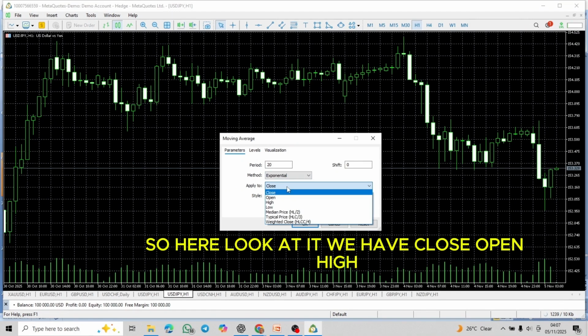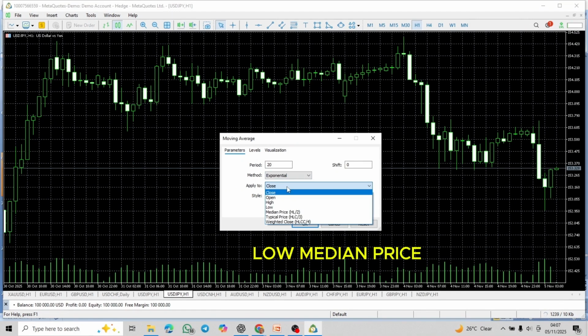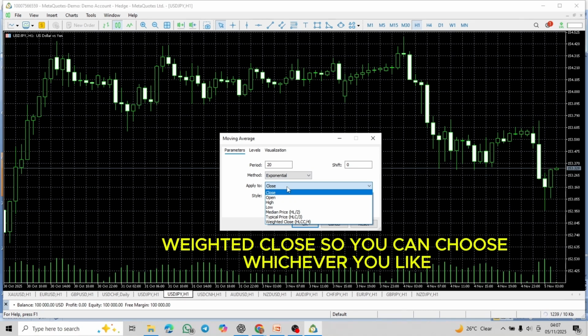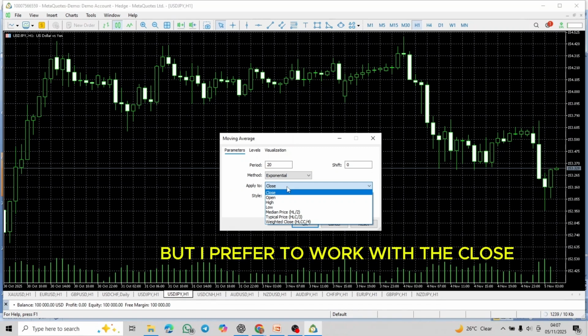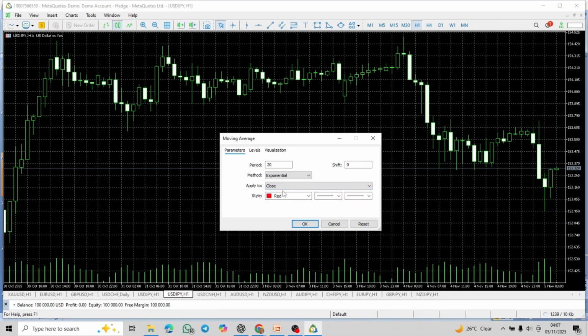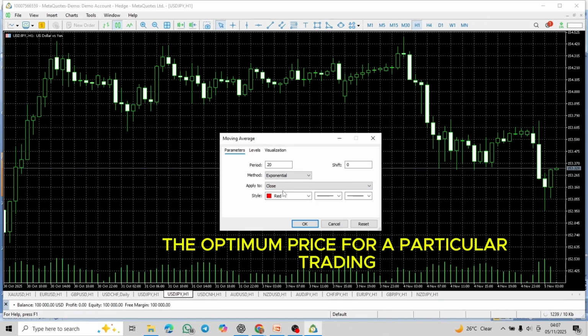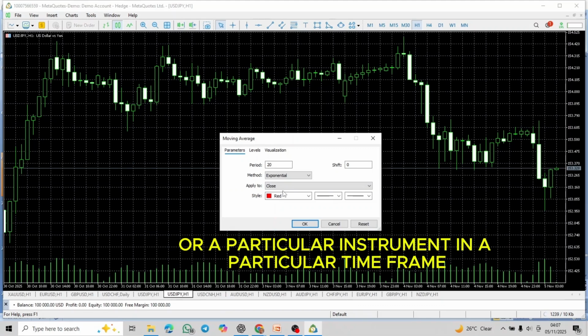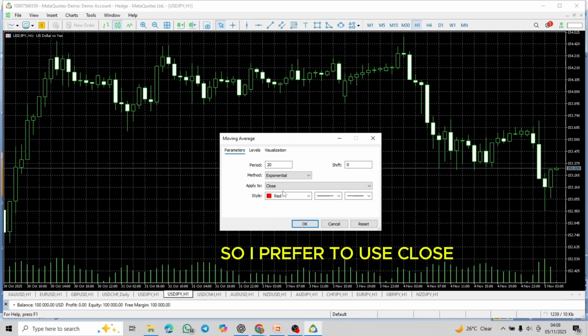We have close, open, high, low, median price, typical price, weighted close. You can choose whichever you like, but I prefer to work with the close, because the close seems to summarize the optimum price for a particular instrument in a particular time frame. So I prefer to use close.